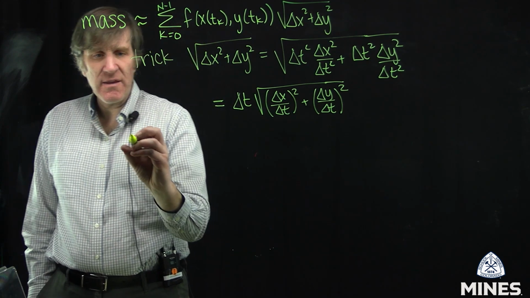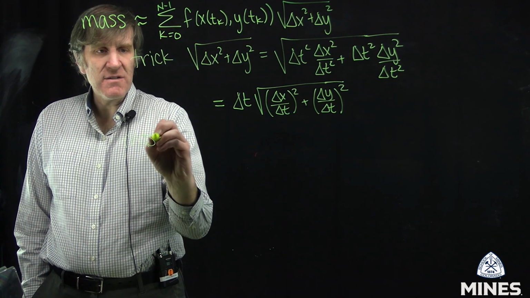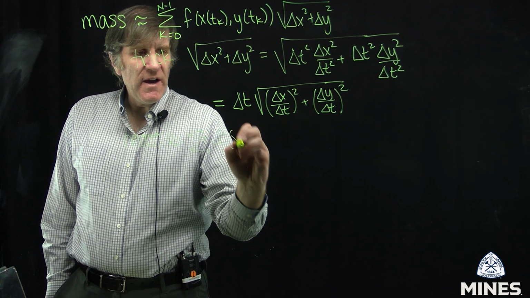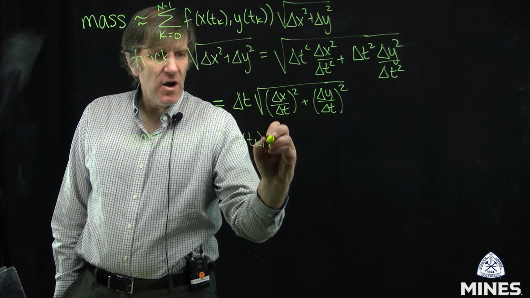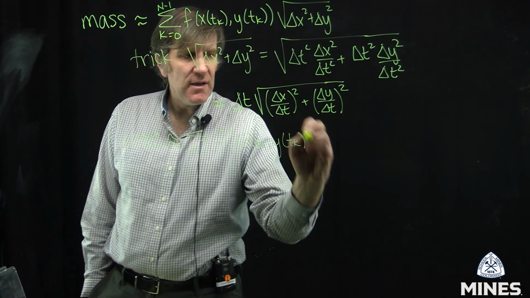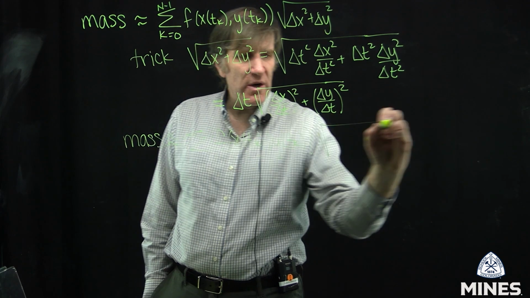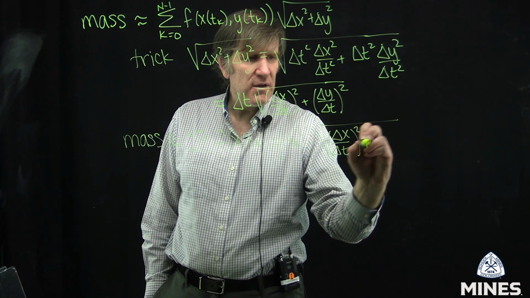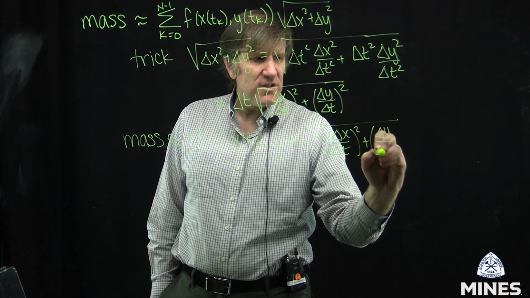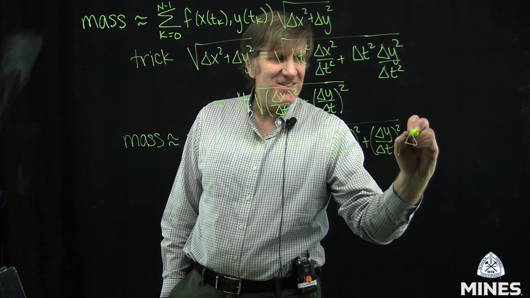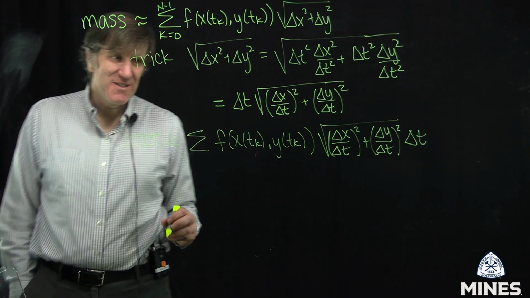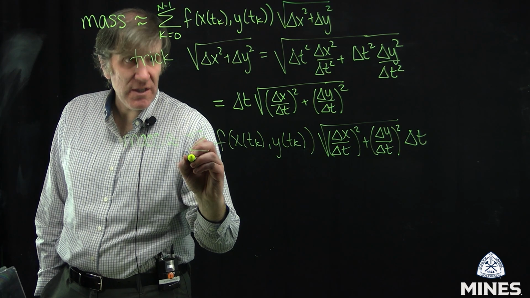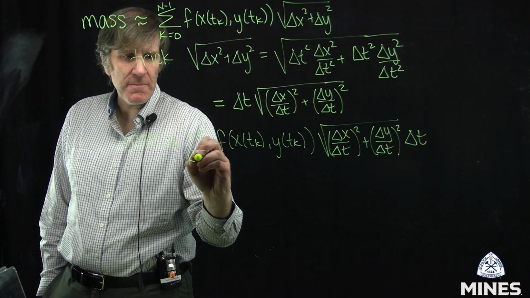So rewriting the mass now, it's approximately the sum of f of x of t_k, comma y of t_k, times the square root of delta x over delta t squared plus delta y over delta t squared, times delta t. This is the biggest thing we've done so far this semester. But this is where the line integral comes from.